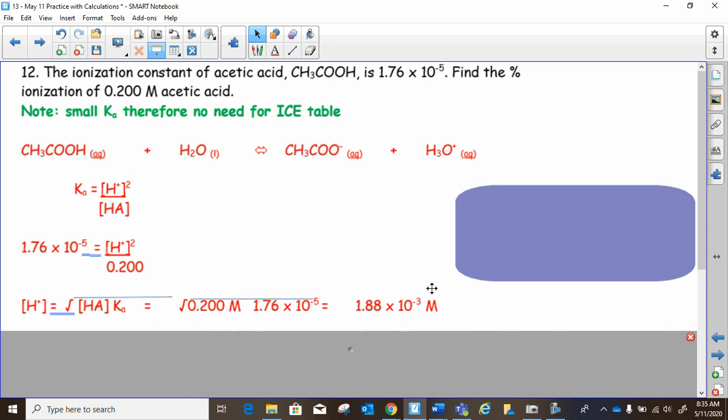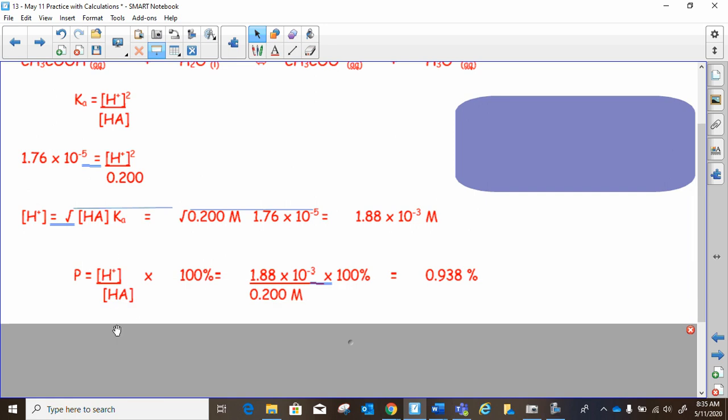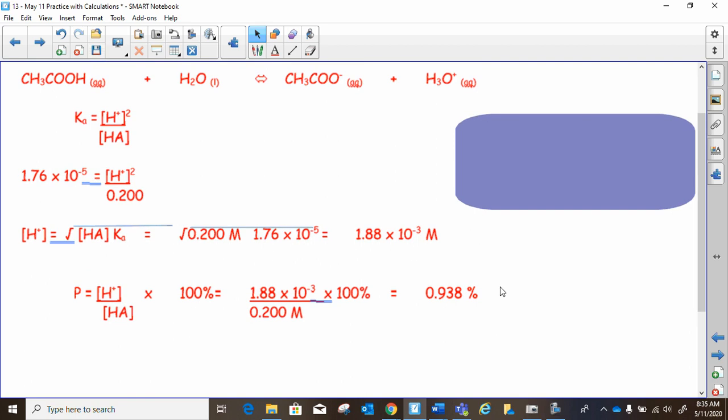So then you would have looked on your green sheet and found a formula for percent ionization, where you plug the H plus over the concentration of the acid and times it by 100. Now you'll see you get a small percentage. That makes sense because acetic acid is a weak acid, so its percent ionization is going to be small.